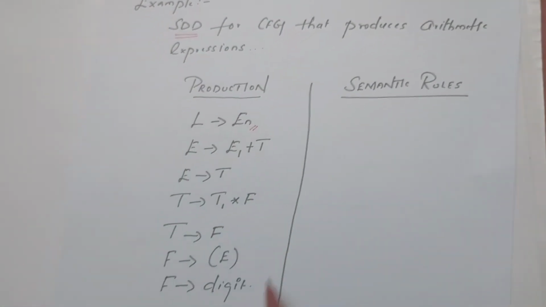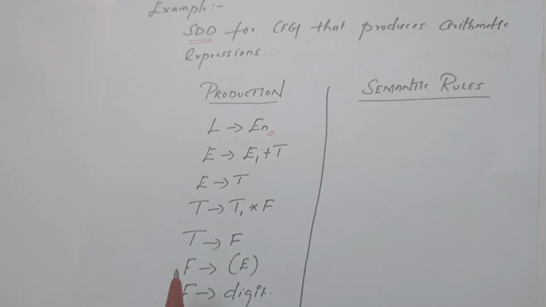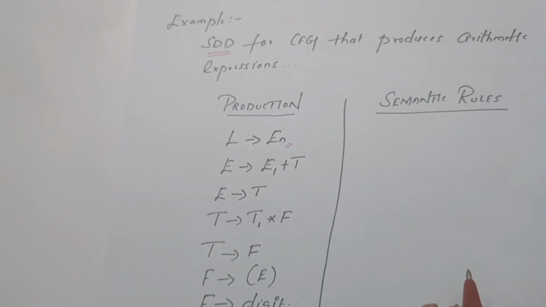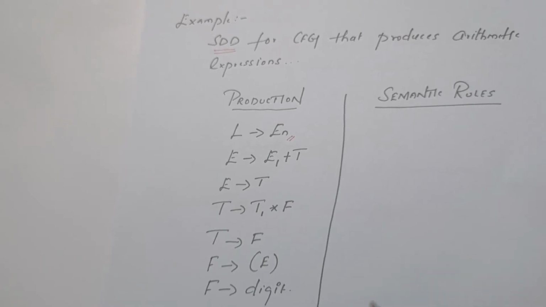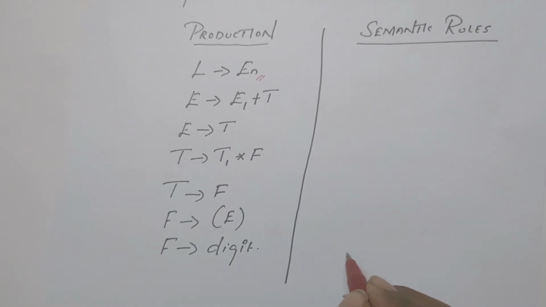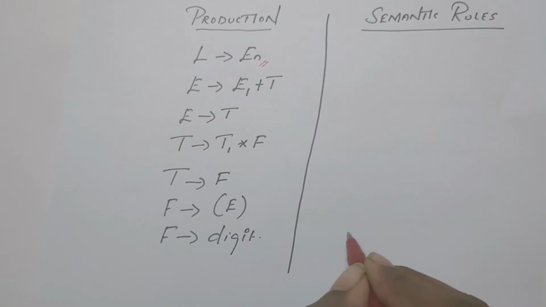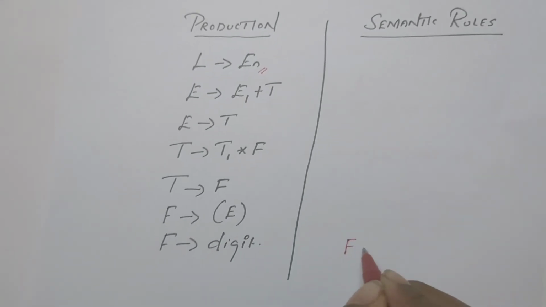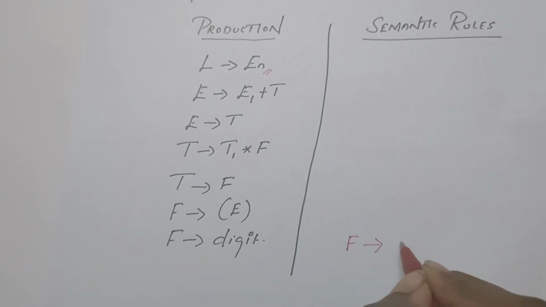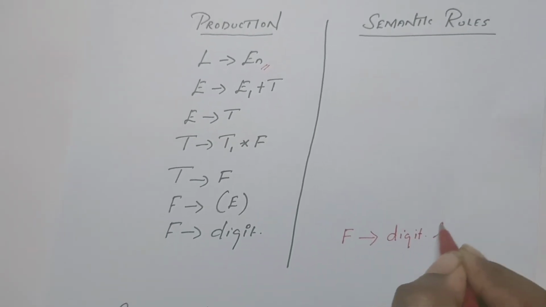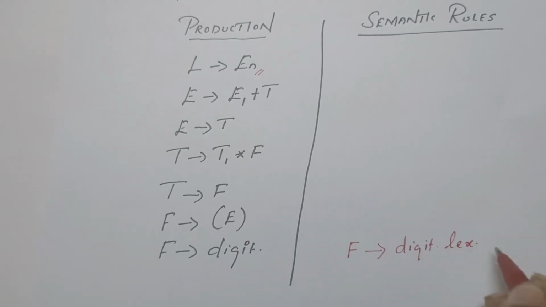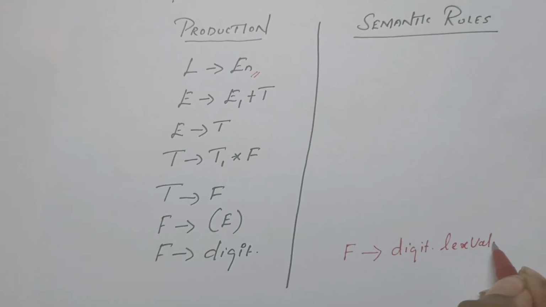So the grammar is given. On one side we have written the context-free grammar. On the other side we are going to write the semantic rules. So how do we write the semantic rules? Let us start writing the rules from the last one. F derives digit. It means F takes the value of the digit, and this digit value is supplied by the lexical analysis.